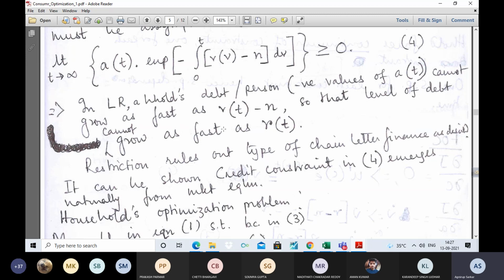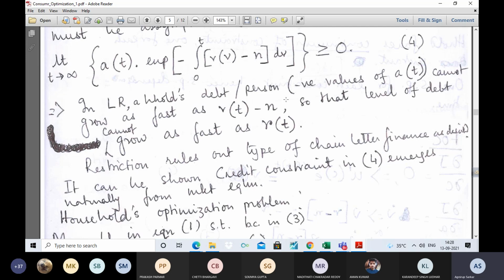This sort of restriction rules out the type of chain letter finance that we have already gone through. We show later on how the credit market constraint expressed in this particular equation emerges naturally from the market equilibrium. So this can be reproduced solely in a competitive setup.